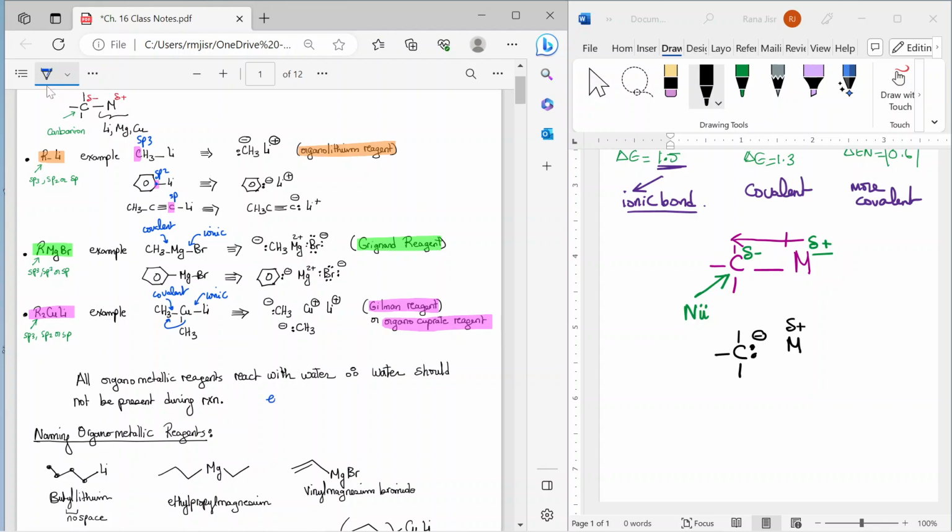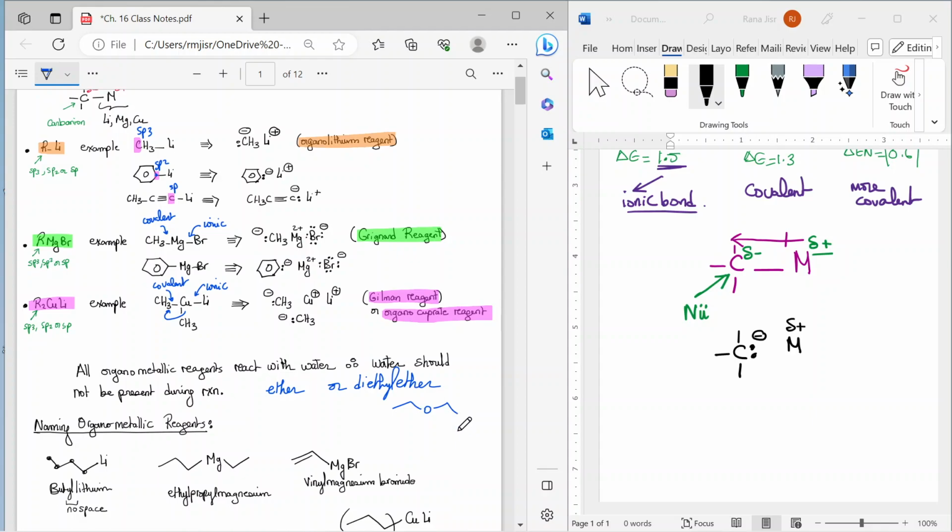The most common solvent that we use is ether, or diethyl ether. These two are the same, and it's actually two ethyl groups that are connected by an oxygen. There are other water-free solvents that we use, like THF, but ether is a better solvent because it can evaporate at a very low temperature and we can get rid of it.